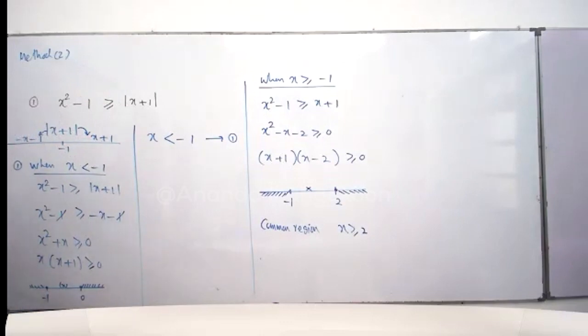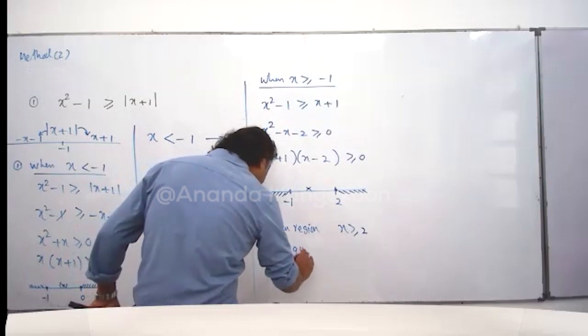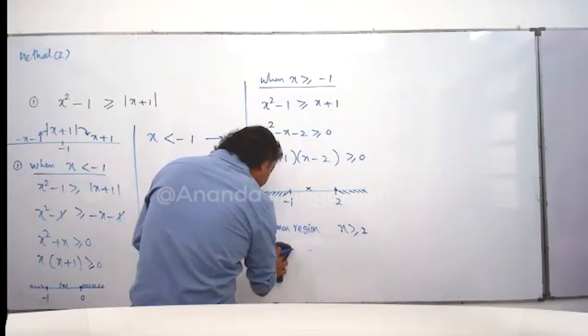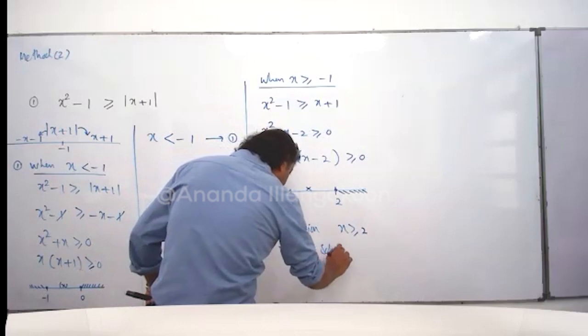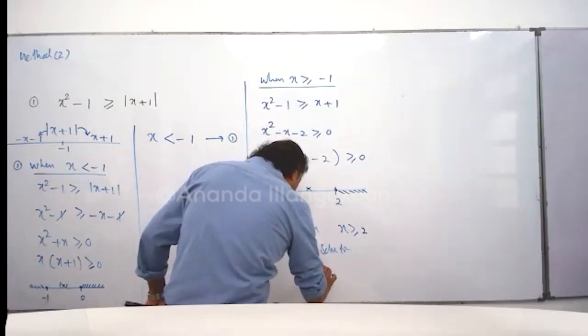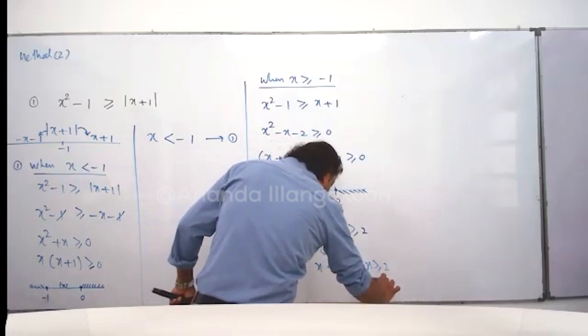Then the final answer we get by the union of these two. Therefore, the required solution: we get x less than minus 1 or x greater than or equal to 2.